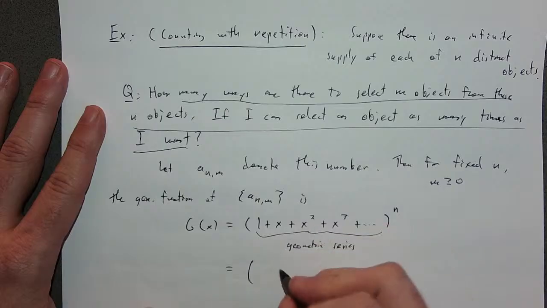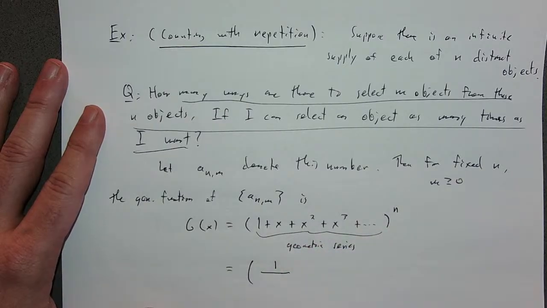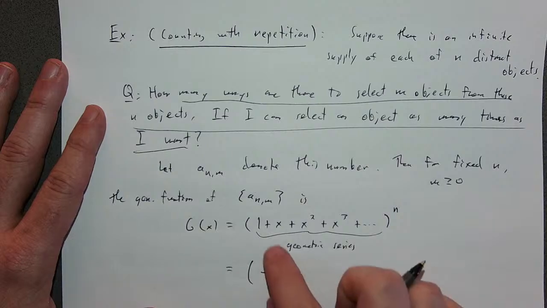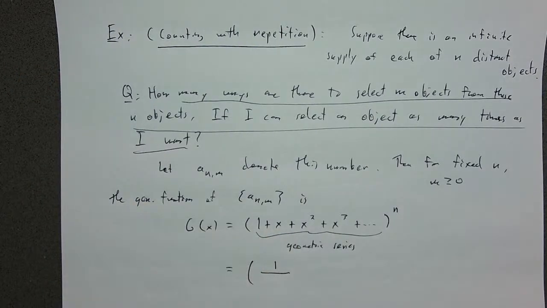And again, you might say, but how do I know that the absolute value of x is less than 1? We are using this as an abstract object here. We're not concerned with these particular values of x at the moment. We're treating this purely formally. There are contexts where you might have concerns here and you might want to be more careful, but for now we don't care about that.